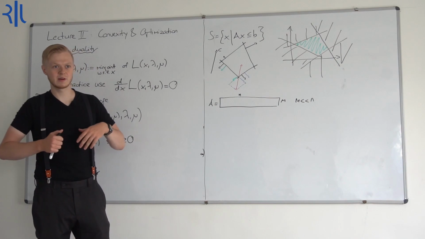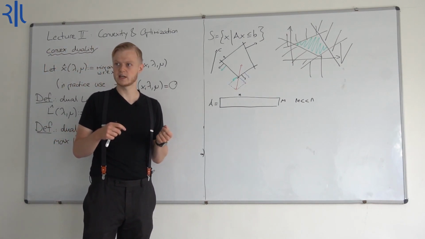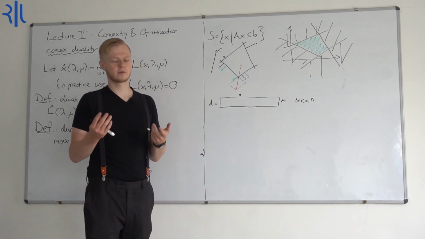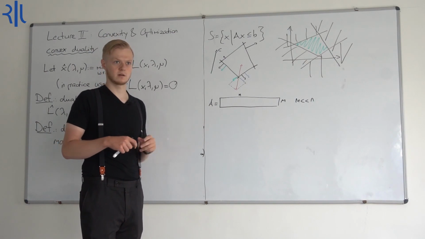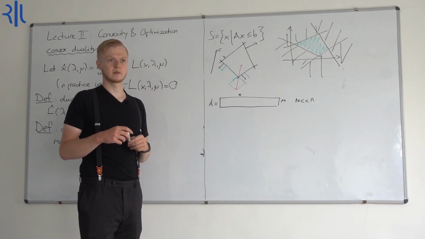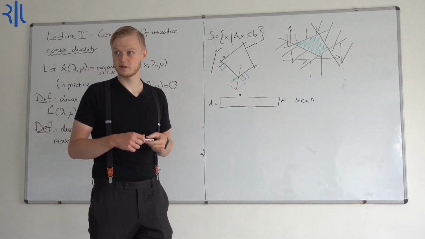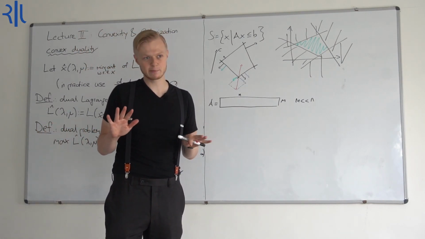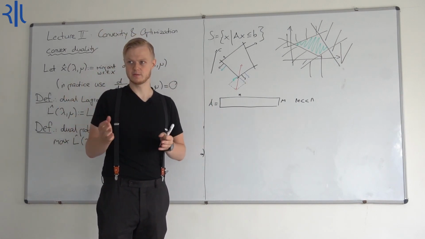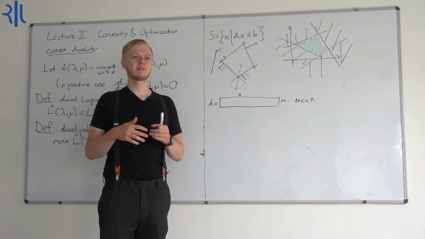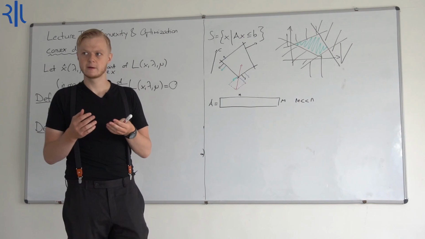So what was before a problem that had extremely many dimensions to take into account, in the dual formulation becomes a problem that only has very few dimensions to take care of. It might even happen that the primal problem is infinite dimensional. You can have an optimization problem over infinitely many variables.